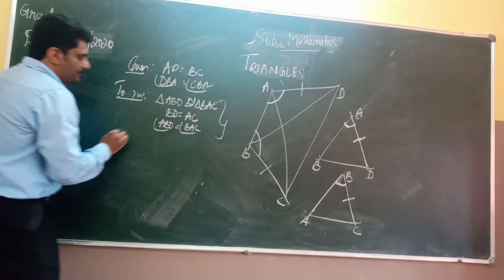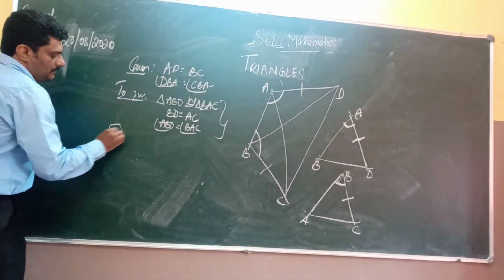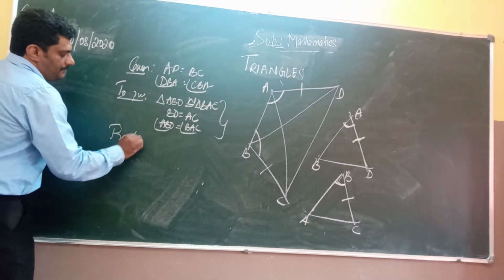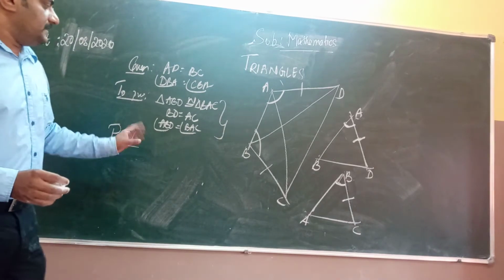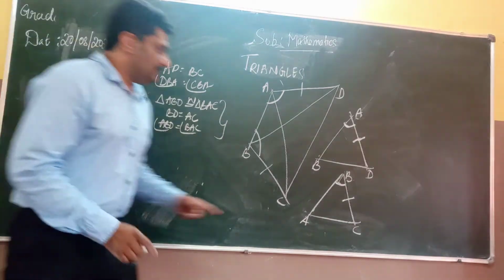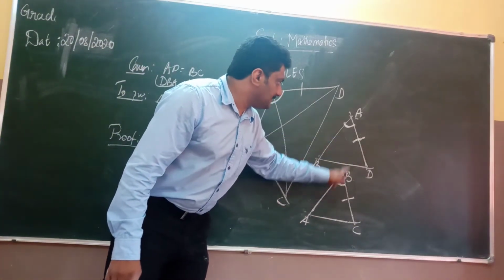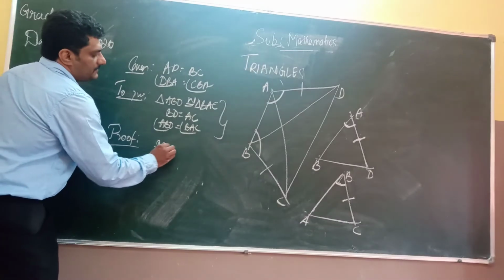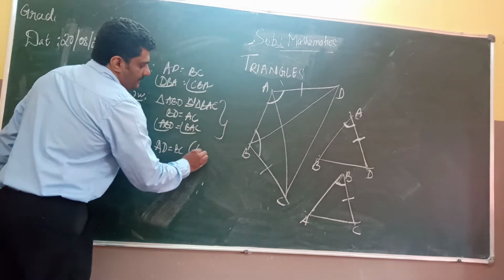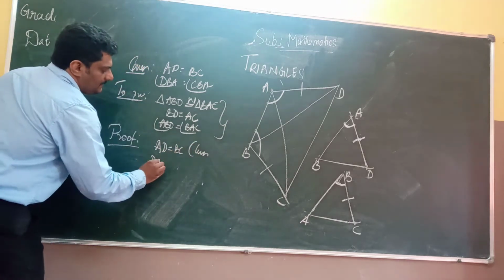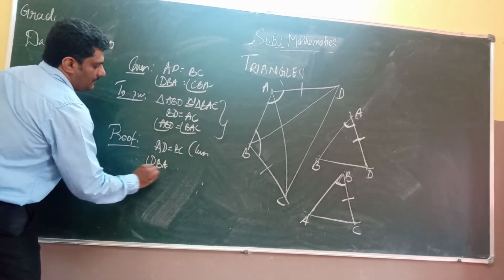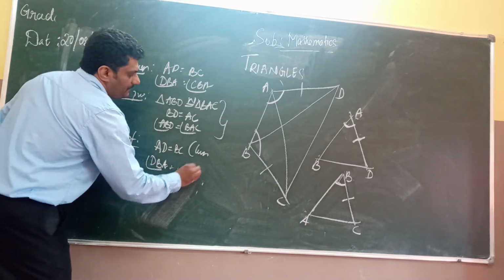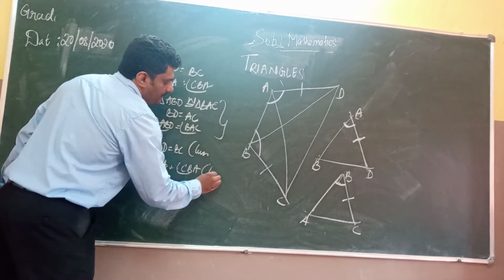These 3 things we have to prove. On this side, what is already given, we will just write down: AD is equal to BC, given, and then angle DAB is equal to angle CBA, given.